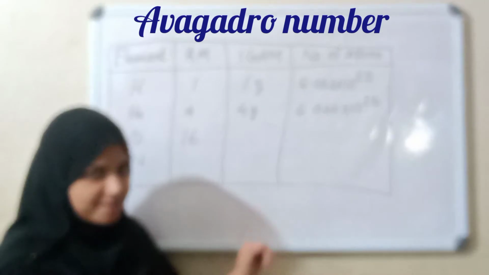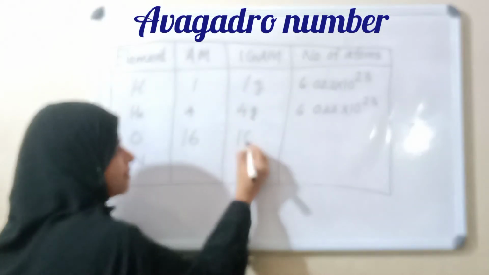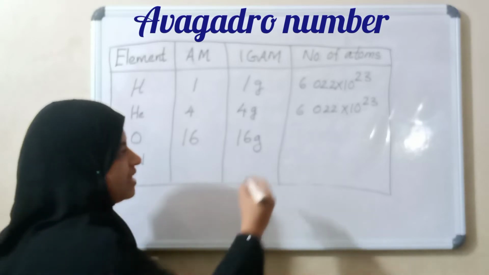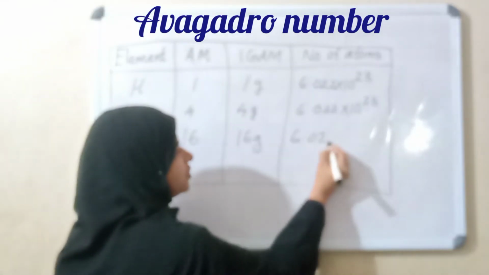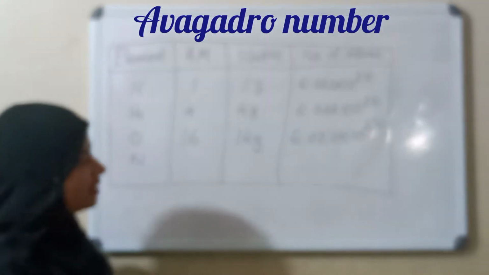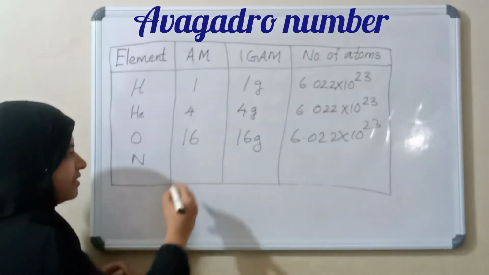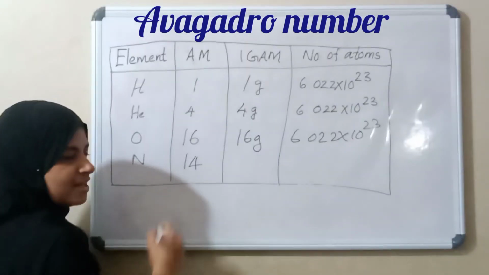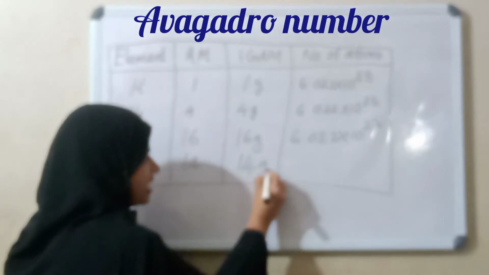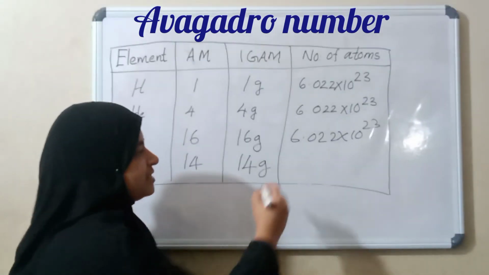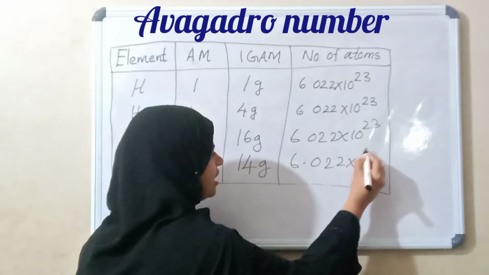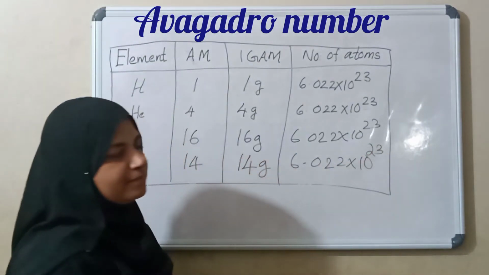Then its GAM is 16 gram. Then the number of atoms is again 6.022 × 10^23. Then another example, nitrogen having atomic mass 14. Then its GAM is 14 gram. Then again it contains how many atoms? 6.022 × 10^23.